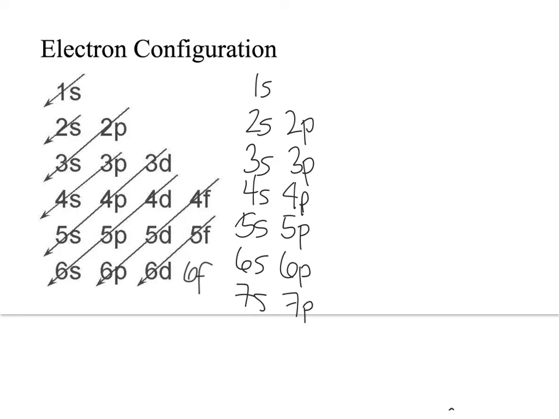Hopefully you notice that we don't have a P in the ones, because at energy level 1 you can only have an S. Energy level 2 doesn't have a D because you can only have S and P. So that means at 3 we start Ds. And then at 4 we start Fs.